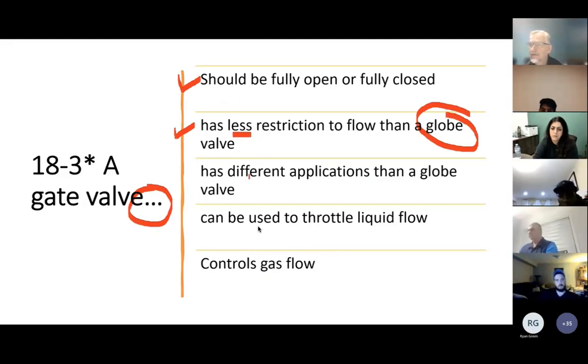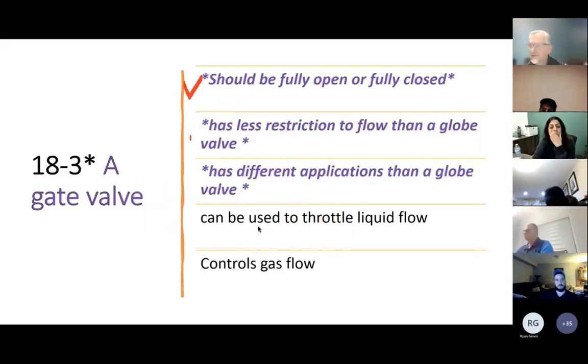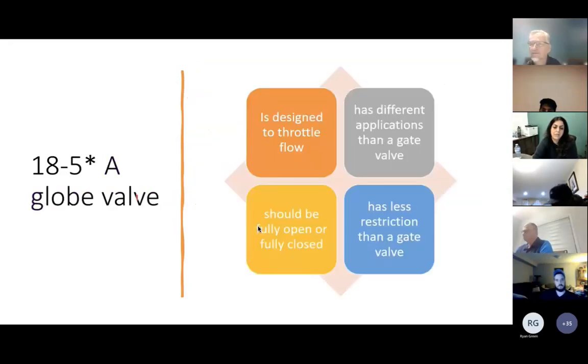Less. Same application as a globe valve? No, it has a different application. Not for throttling, even if it's gas, okay? So: fully open or closed, less restriction, different applications from a globe valve.